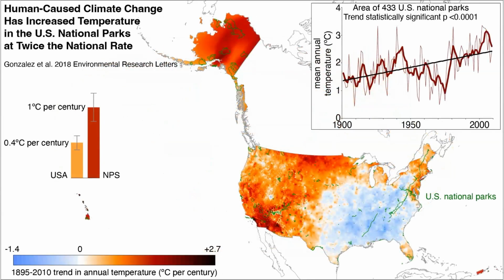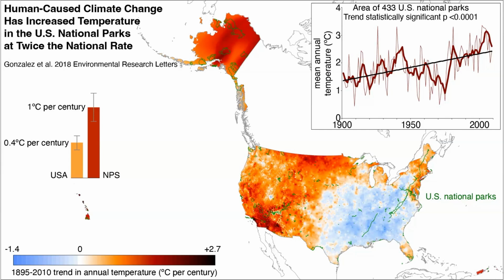Zooming in here, colleagues and I analyzed for the first time the magnitude and patterns of climate change across the United States at 800-meter spatial resolution. And then for all of the national parks, now 433 national parks, the darkest reds here are 2.7 degrees per century.